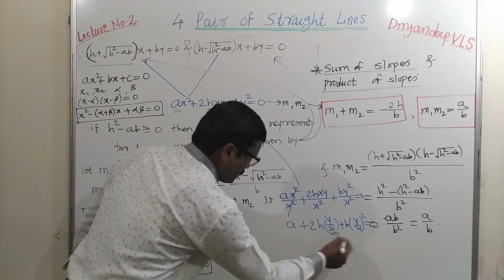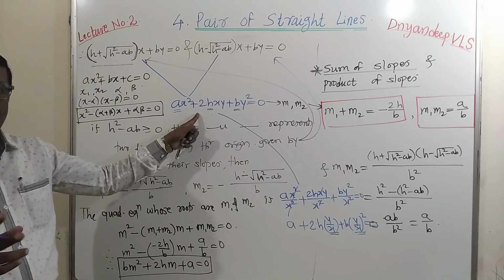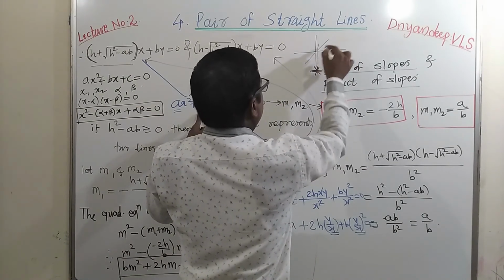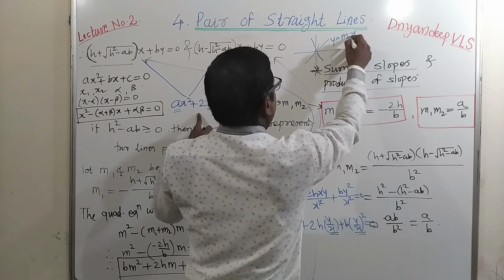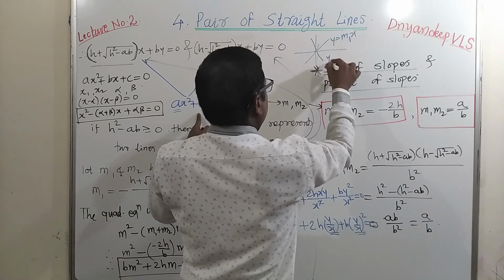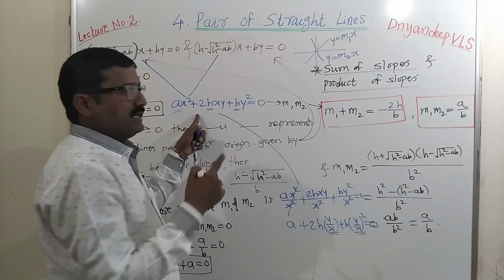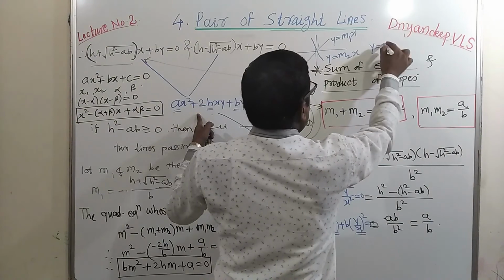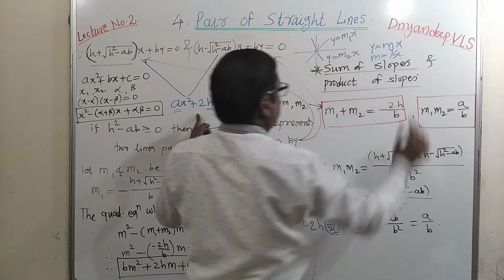But what is y upon x? As this is the combined equation of two lines passing through the origin, the equation of a line will be y equal to mx. If two lines are there, one is y equal to m1x and another line is y equal to m2x. So in general, if you take any line through the origin, its equation will be y equal to mx, and therefore m is equal to y upon x.